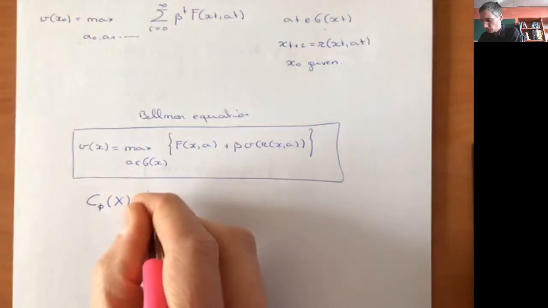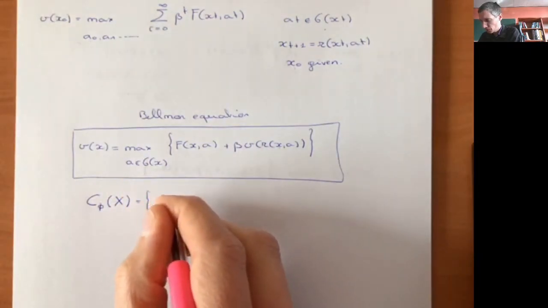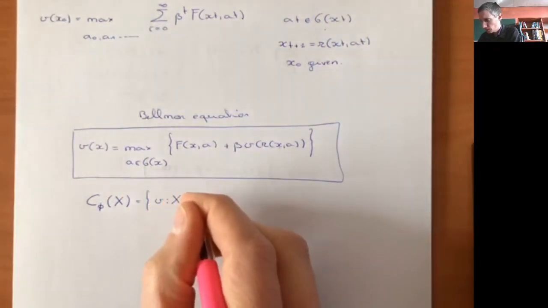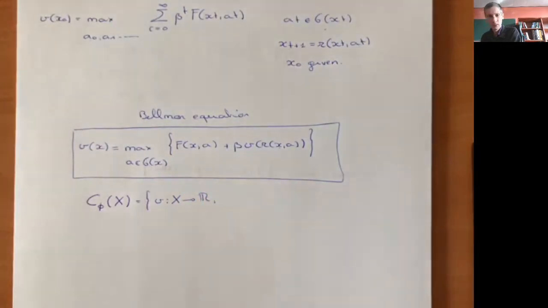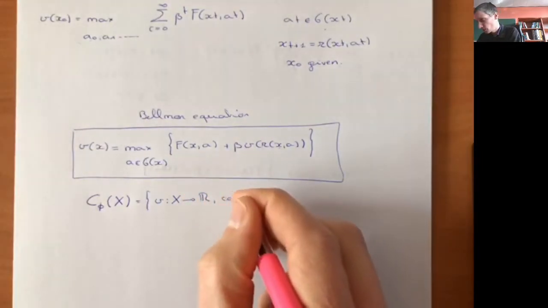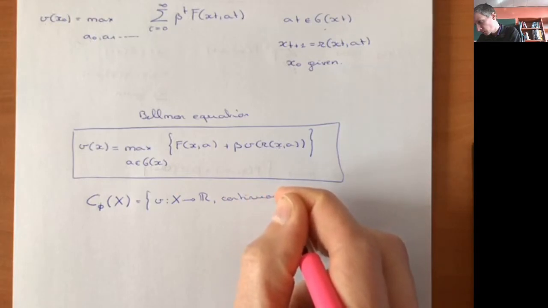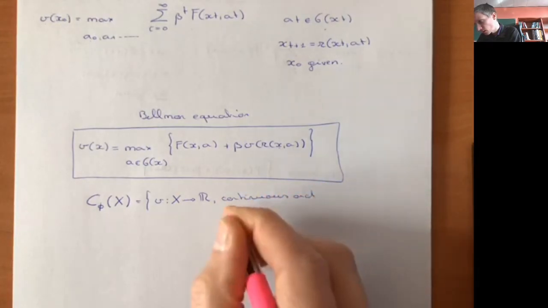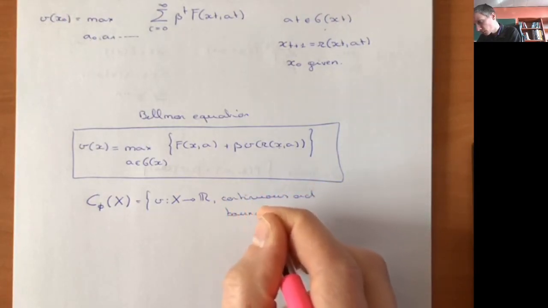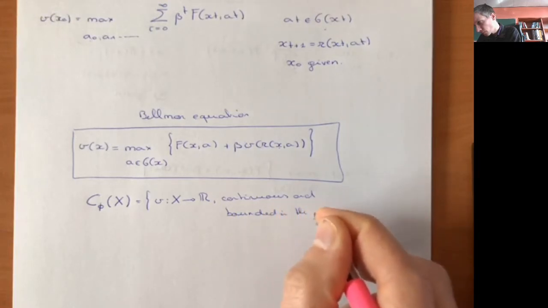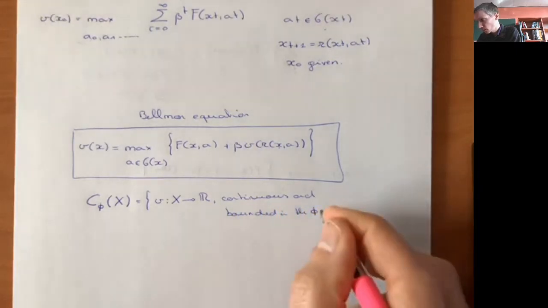Remember, this was the set of all functions v from X to R that are continuous and bounded in the phi norm.